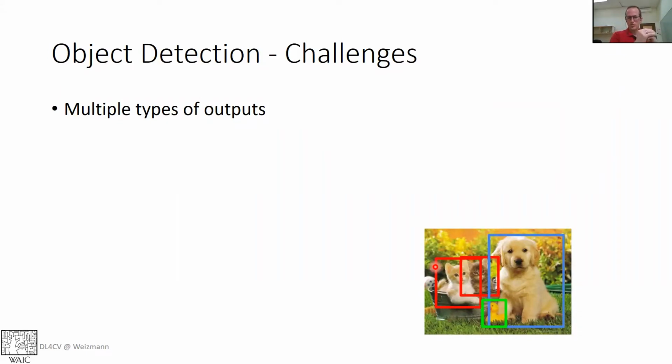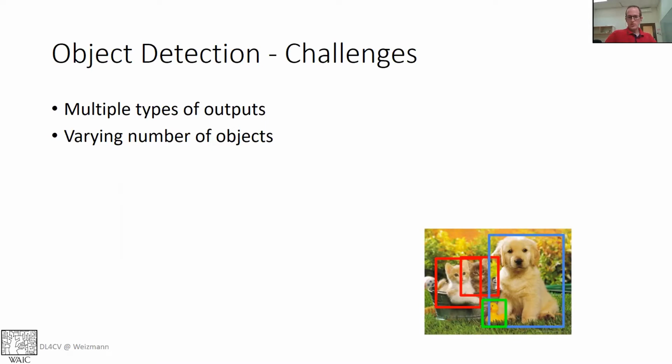It's a network that should do both discrete classification and continuous regression for its outputs. Another very challenging thing is the fact that we don't know in advance how many objects there are in the image. In image classification, we knew we needed to output one label for each image. Now we need to output a different number of bounding boxes and labels for each image.